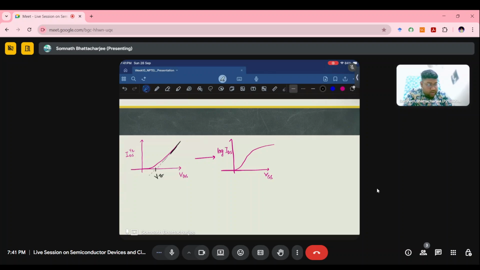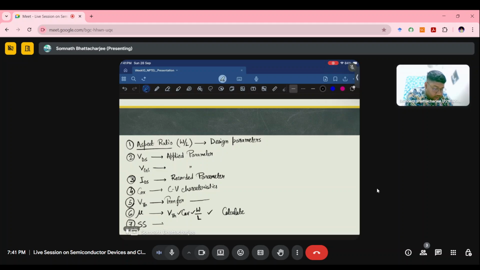Based on this, we need to ascertain a decade change in current with respect to the change in the VGS values. From this, we can get the value of SS, from which we can get the slope and also the swing as well. Both can be estimated from the transfer characteristics.